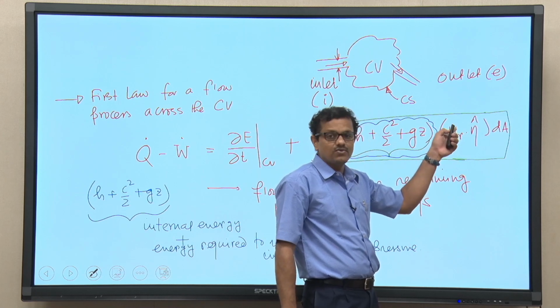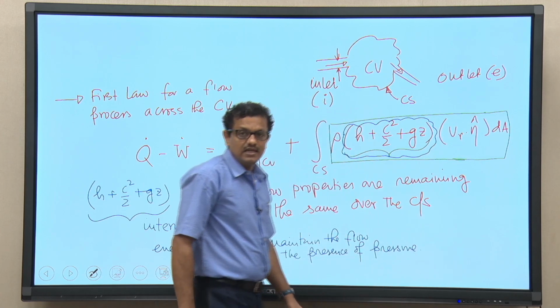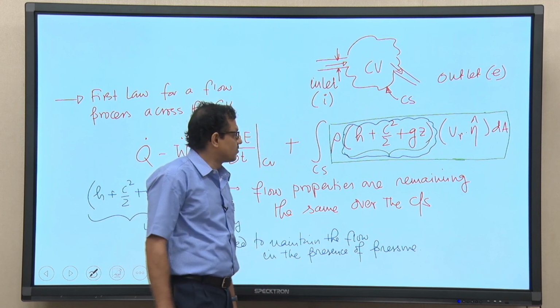So, the dot product will be negative for the inlet and positive for the outlet.